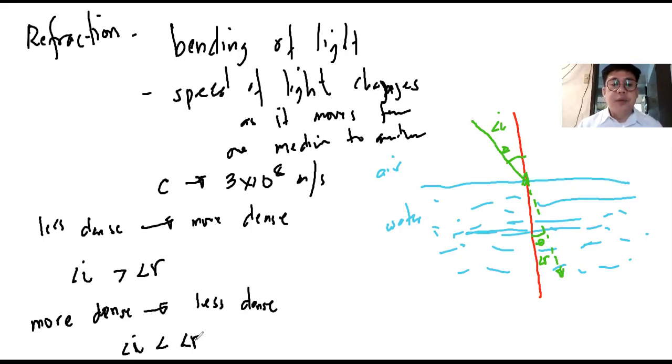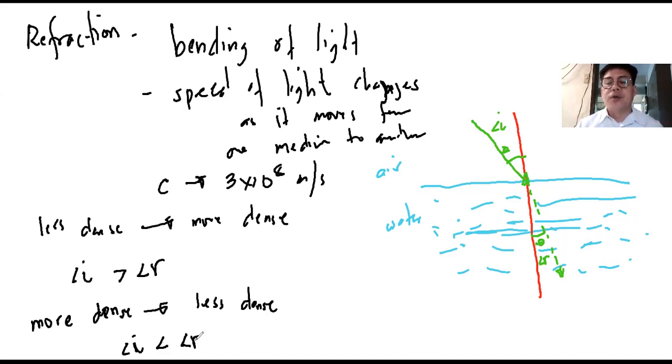An example of this is if light is coming from the water going up to the air. Light waves are coming from the water going up to the air. That is why you can see the surface of the water in clear water. Light wave is coming from the surface going up to the air, to your eyes.